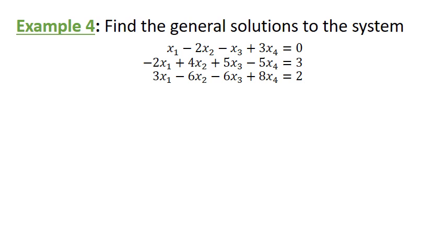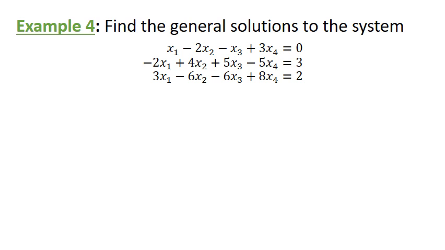An example of a general solution was shown to you a few slides back, and that's when you solve for x1, x2, x3, and x4, and you may or may not have a free variable. When we find the general solution, the initial process is the exact same. And again, the previous slide shows you what to do.